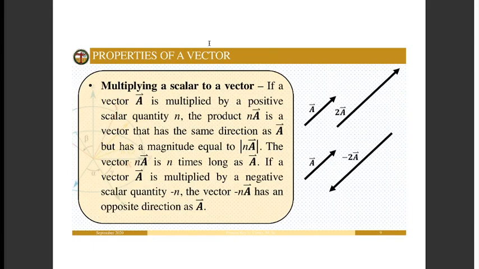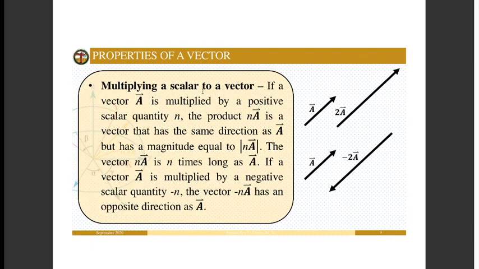So for example, I have here a vector A which is going in that direction, and when multiplied by a positive scalar quantity, say small letter n, the product n times the vector A has the same direction as your vector A, but with magnitude equal to n times the magnitude of vector A. So as you can see here, the vector nA is n times as long as the vector A kasi minultiply mo na siya ng scalar quantity na letter n.